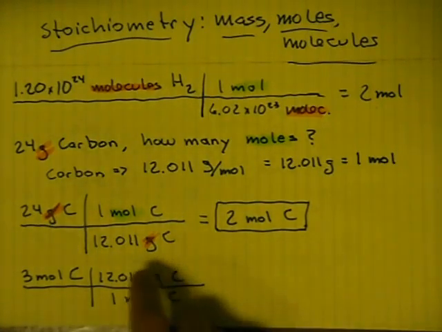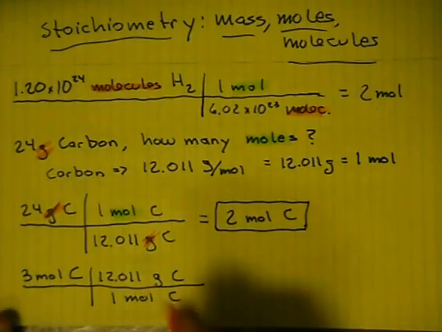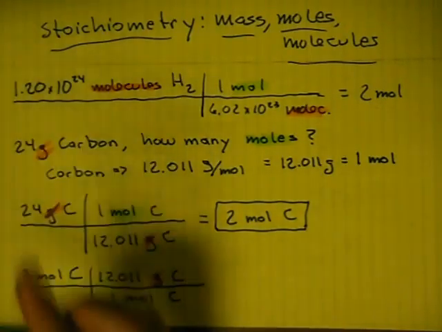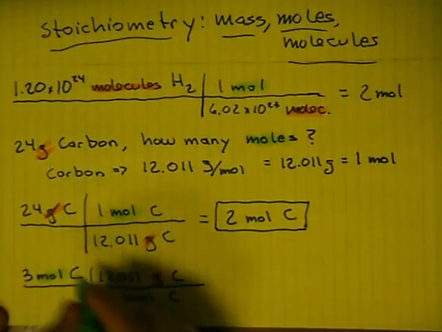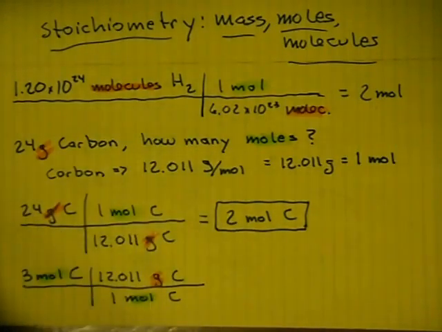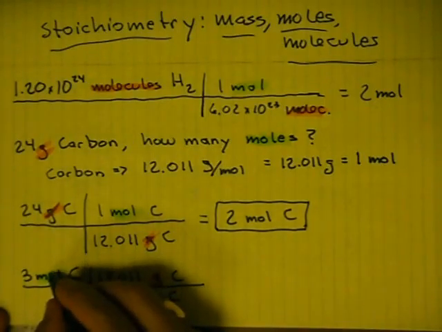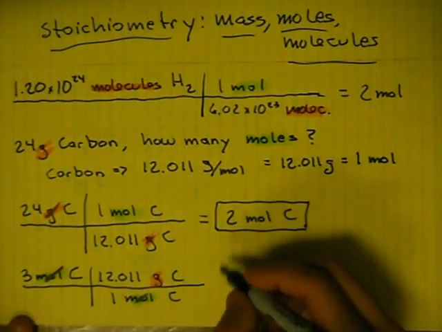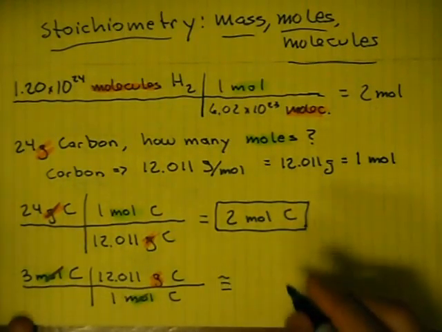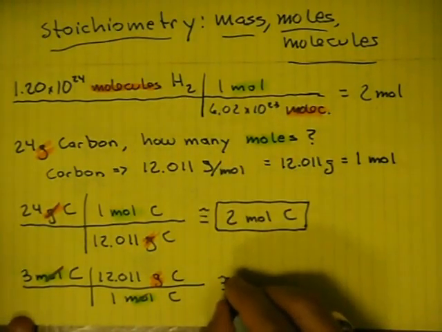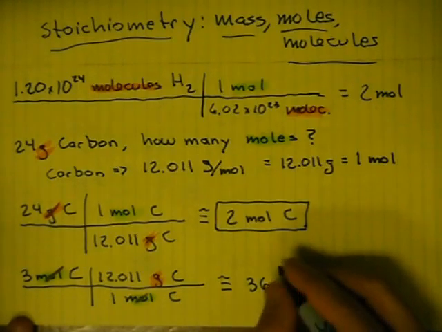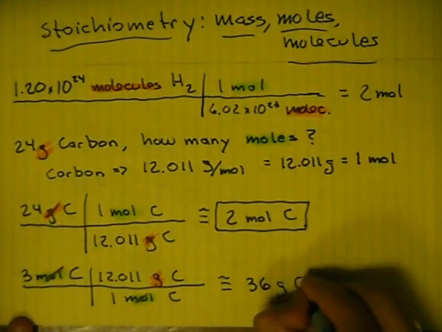So now grams, the mass, which we're trying to find, is in the top. And then moles, which we know, is in the bottom. So mole divided by mole is equal to 1, to cancel out. So we're now left with 3 times 12, which is about, tilde indicates about, 36 grams of carbon.